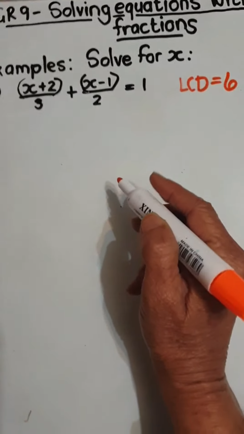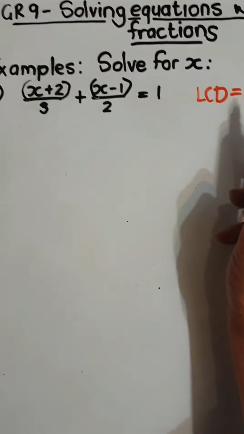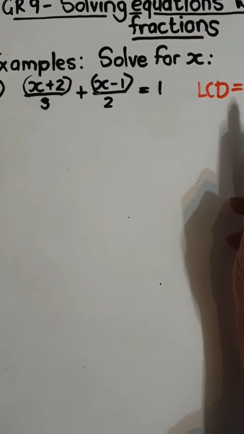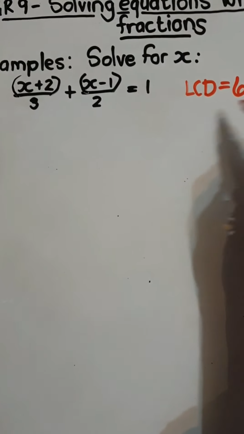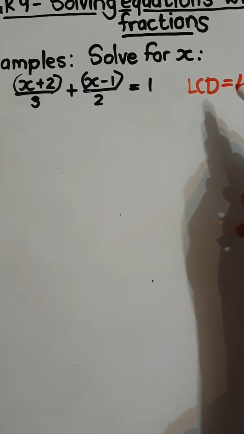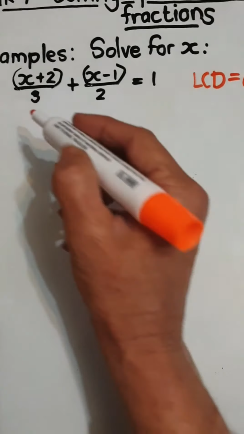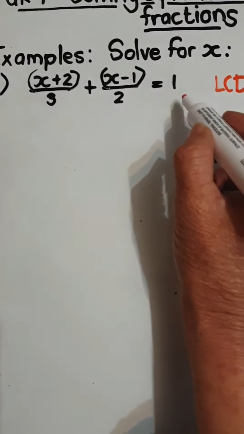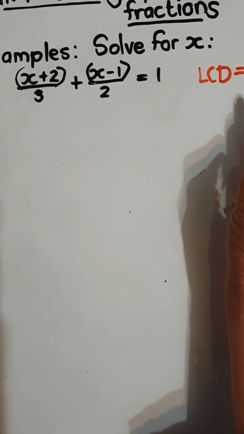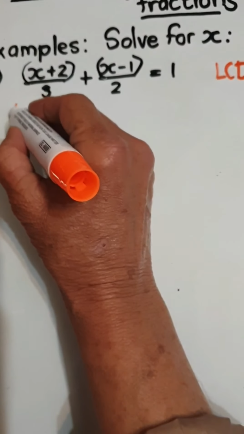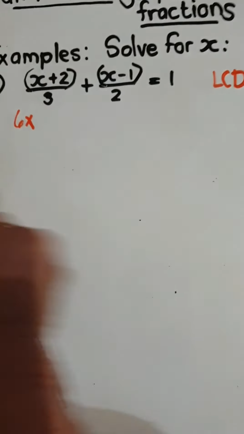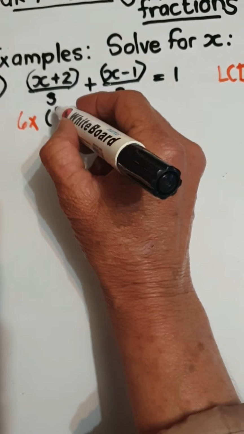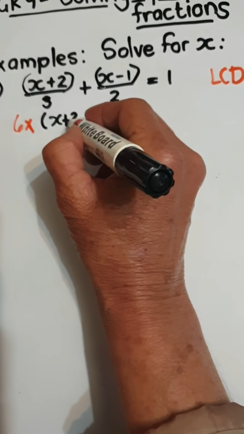Right, there's two ways that we can do this. The quick way is you can straight away multiply with the LCD, because then that way you will get rid of the fraction. I'll show you now what I mean. If I multiply right through, it means every term must be multiplied with the lowest common denominator. I'm going to say it's 6 times, and my fraction is x plus 2 over 3.